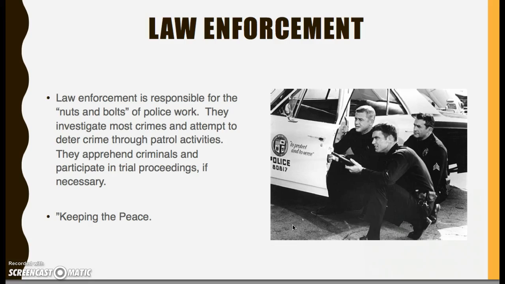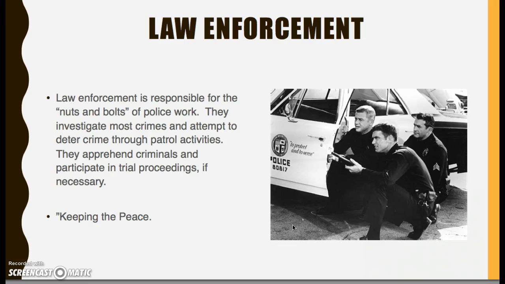When we talk about law enforcement, we're going to be focusing primarily on local law enforcement, because the reality is that most of us will have some contact with local police. Very rarely will any of you have any contact with the FBI or any other federal law enforcement agency. And absent maybe the highway patrol, you rarely will have any contact with any other state police agency.